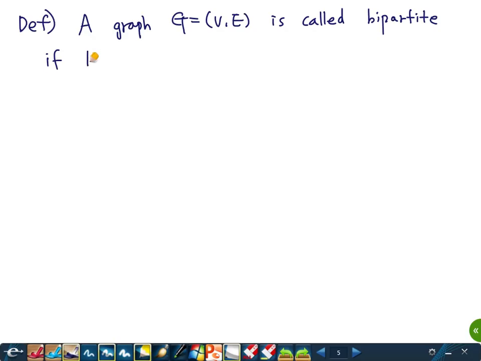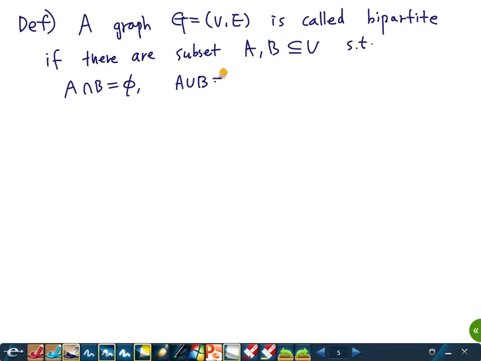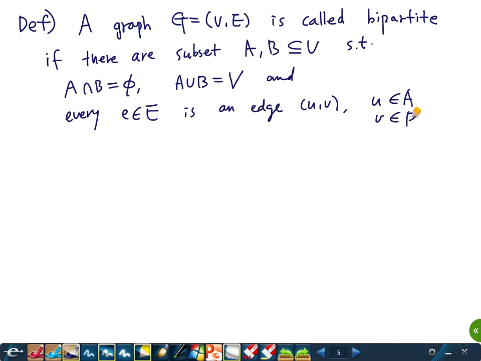In other words, there are subsets A and B of the vertex set such that they don't have anything in common, their union is the whole set V, and every edge is an edge (U, V) where U is in one set and V is in the other set.